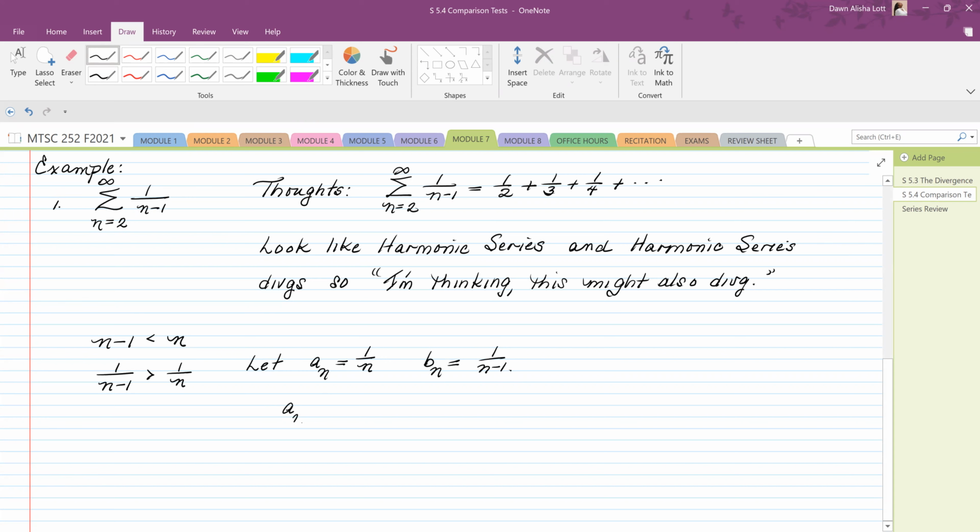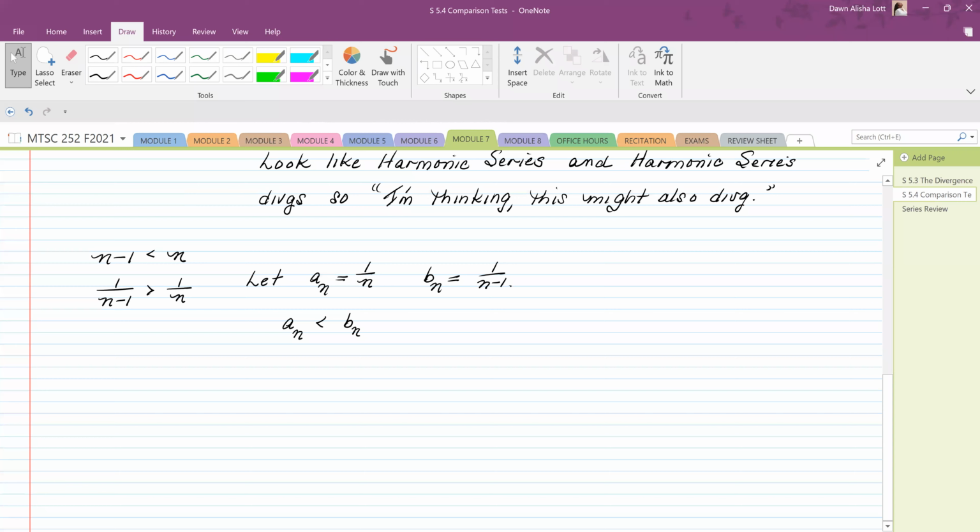An is always less than bn. And the summation of an, which is the summation of 1 over n, the harmonic series, diverges.